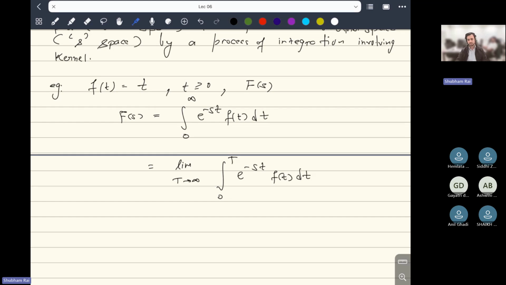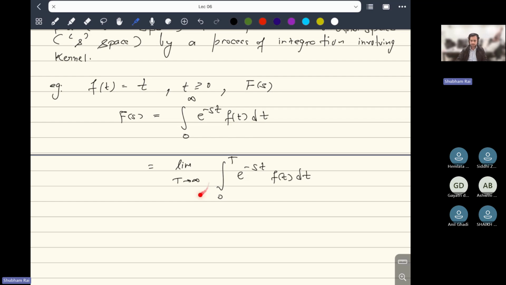Because infinity is something, so let's say f of t has 1 by t, if you integrate. Writing this is a good thing because sometimes after solving this, you may get infinity by infinity, and then you may need to apply L'Hopital's rule. You would have studied L'Hopital's rule.